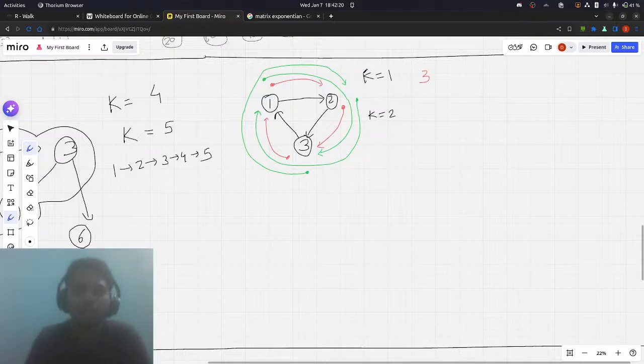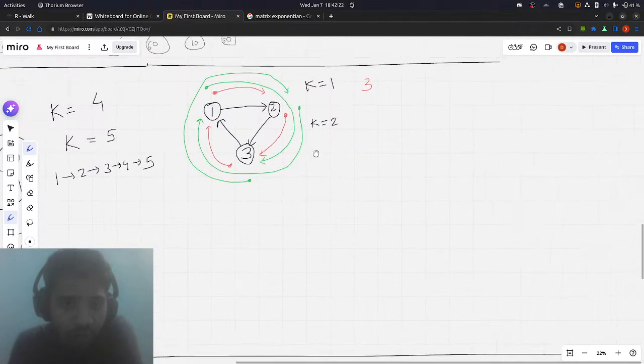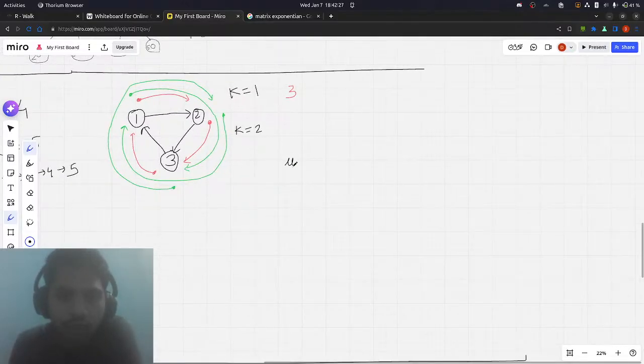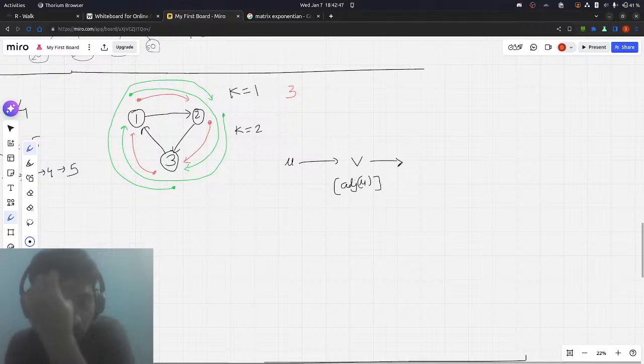So you see what is happening. If we start from a vertex u, we are going to its neighbor, and from there, if we want a k size path overall, then from its neighbor we want a k minus 1 size path, because we already included 1.